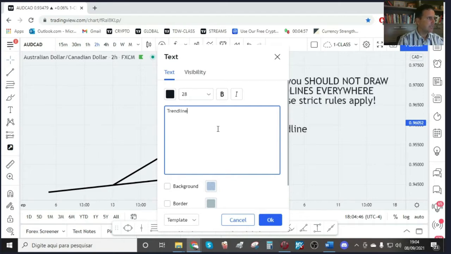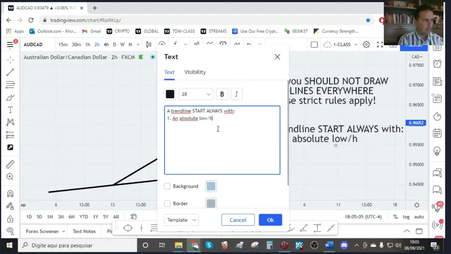A trend line always starts with, number 1, an absolute low or high. Number 2, the first low or high of a pattern.